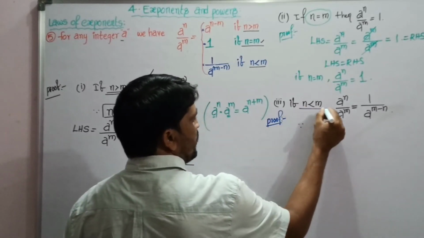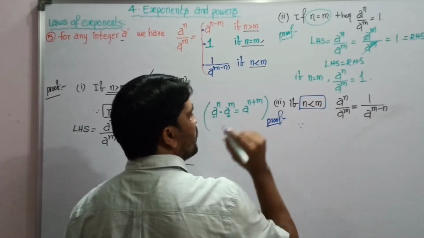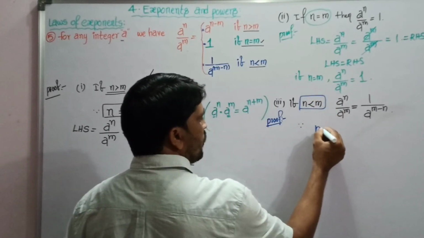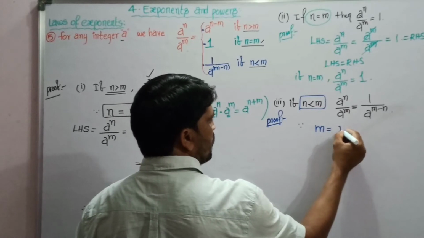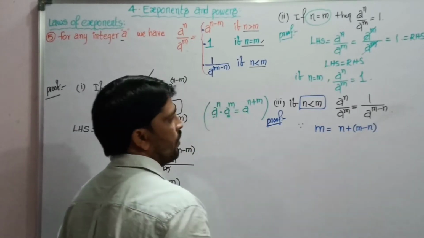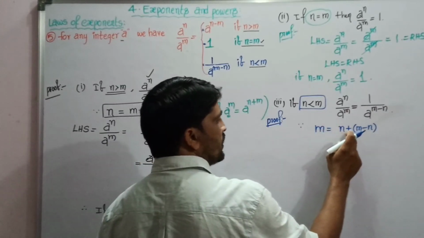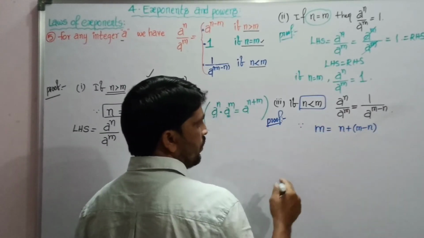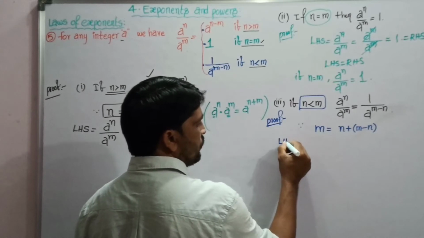Since n is less than m, that means m is greater than n. So m can be written as n plus m minus n. That is, consider LHS now.